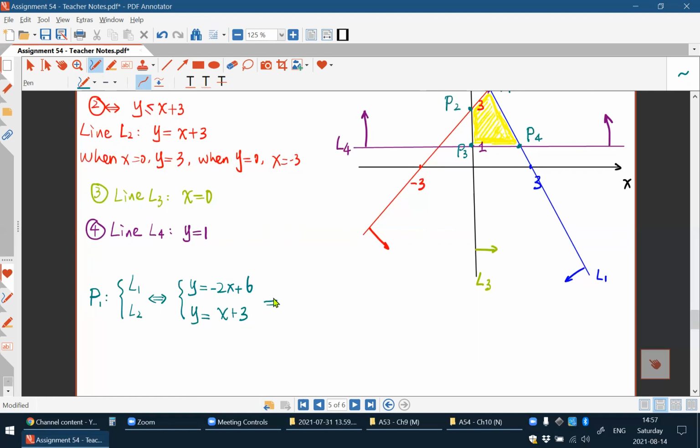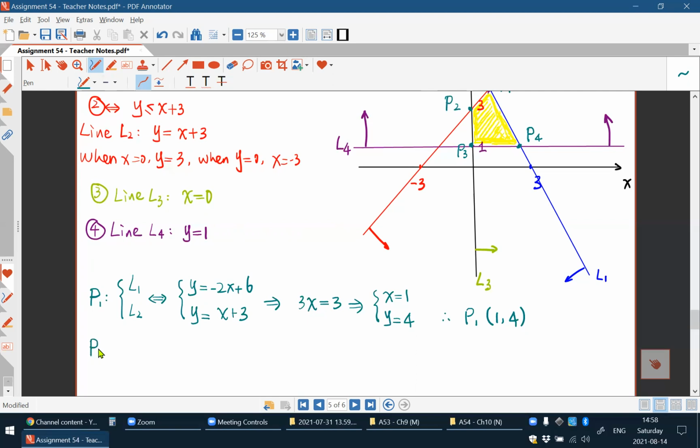So you can easily solve that 3x equals 3, which means x equals 1, right? When x equals 1, when you put it back to the original system, y can be easily solved to 4, right? So the coordinates of P1 is just (1, 4).